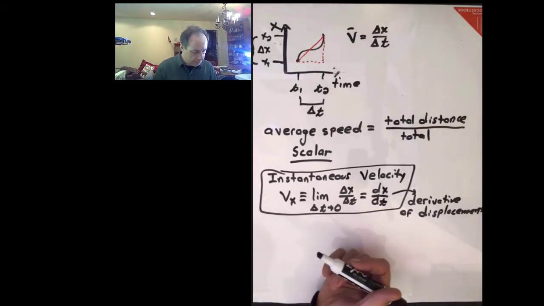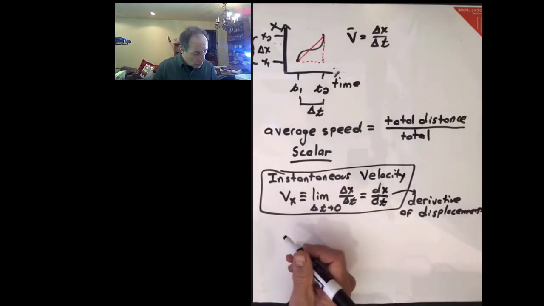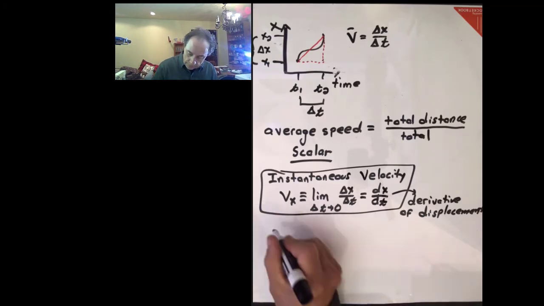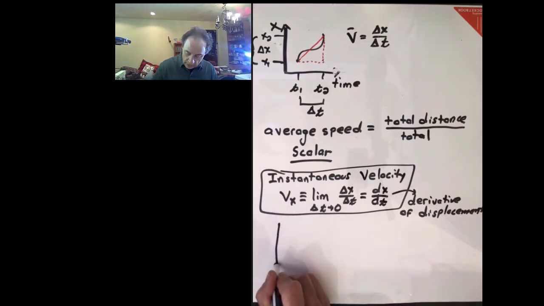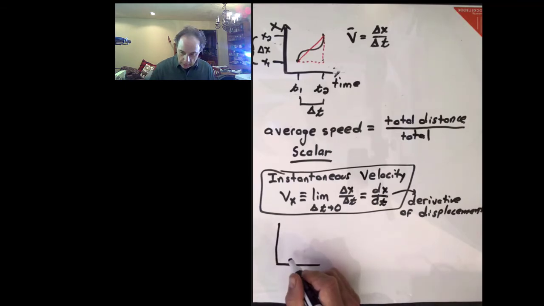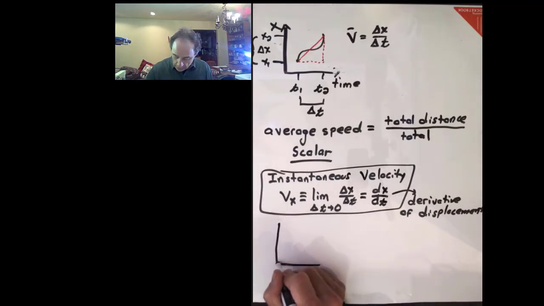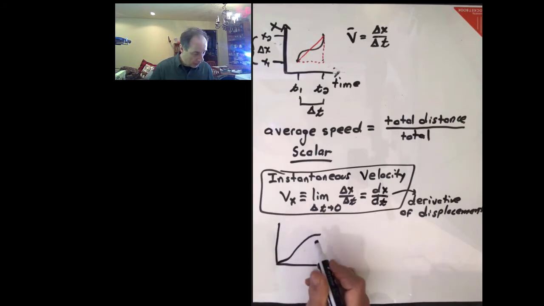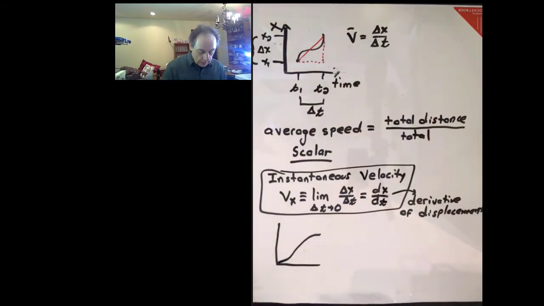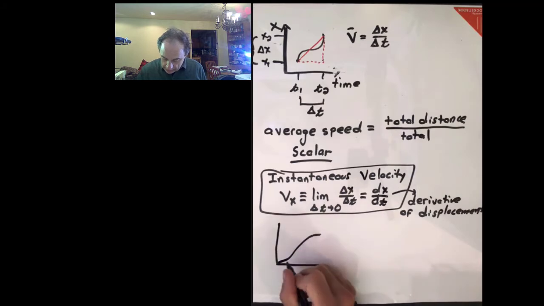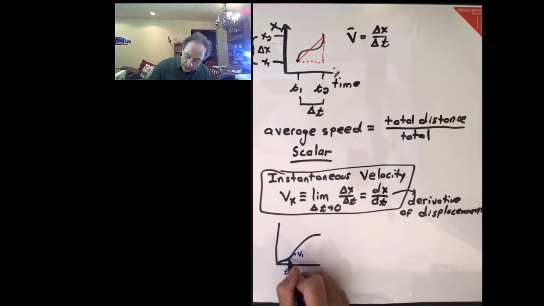Okay, so graphically, if you draw this, and I don't want to crowd that one up there, draw some other line. The instantaneous velocity is the tangent line to the curve at any particular point.